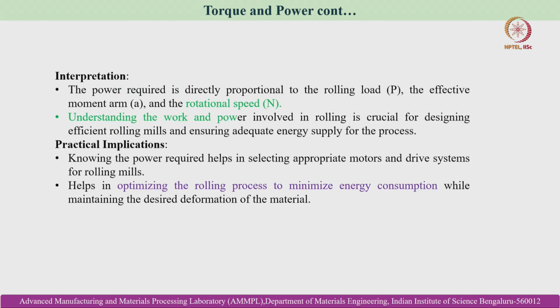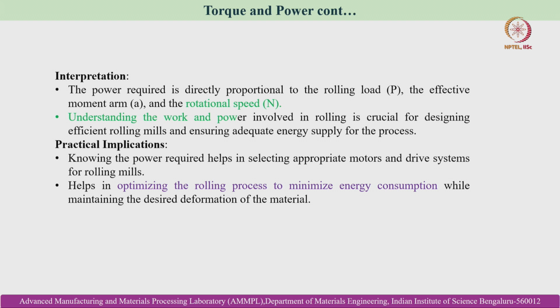So, the interpretation: the power required is directly proportional to the rolling load P, the effective moment arm distance A, and the rotational speed n. Understanding the work and power involved in rolling is crucial for designing efficient rolling mills and ensuring adequate energy supply for the process.